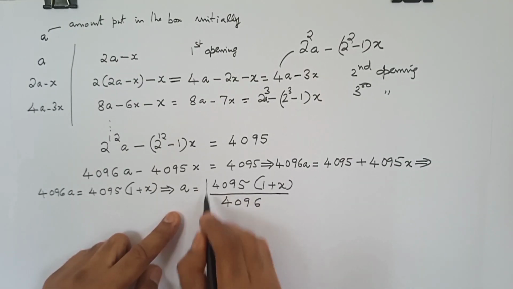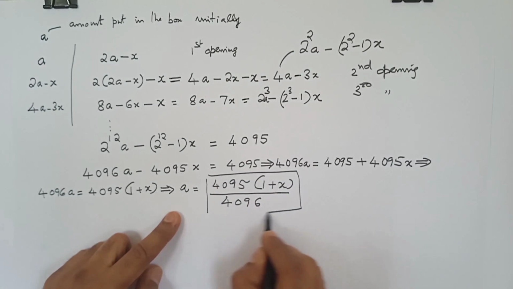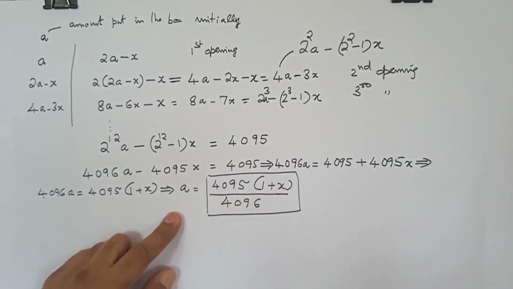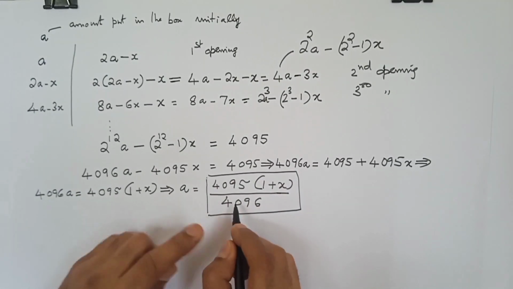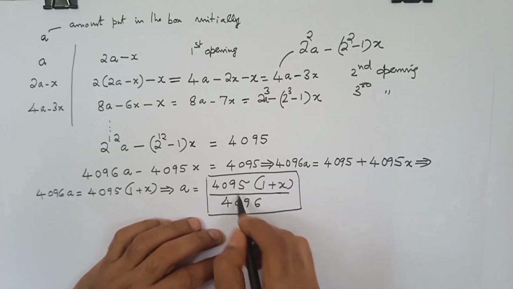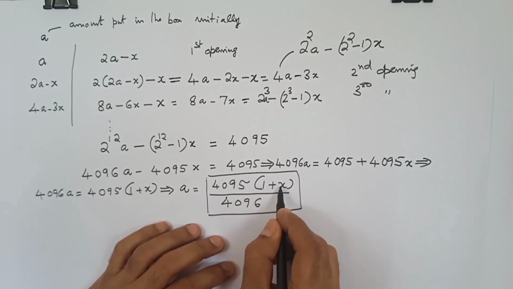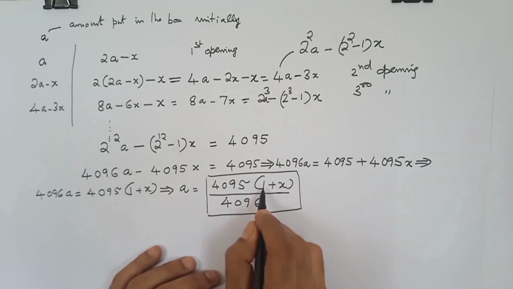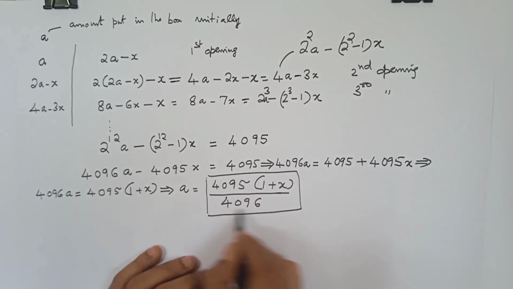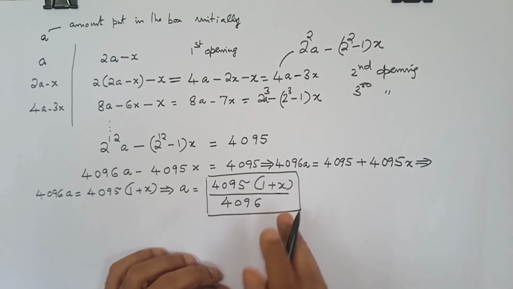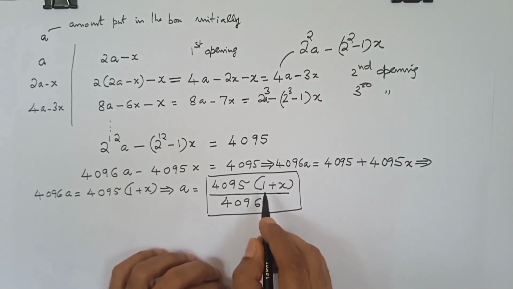So the whole thing, this must also be a positive integer. For this fraction to be a positive integer, there is no common factor here. So 1 plus x, you don't know what it is. If 1 plus x is a multiple of whatever you see in the denominator, then the whole thing will get simplified to an integer.